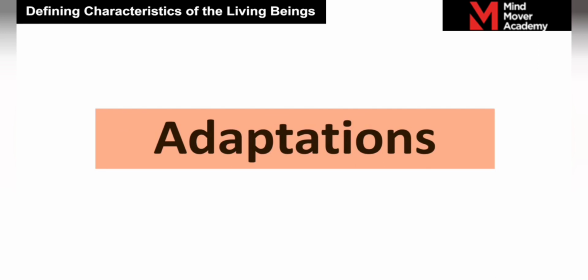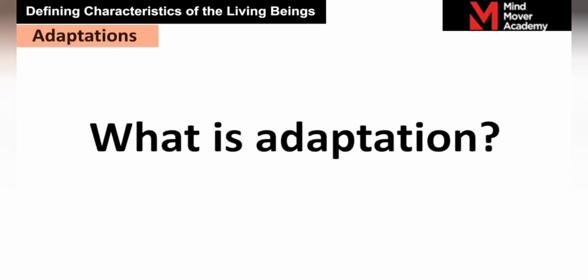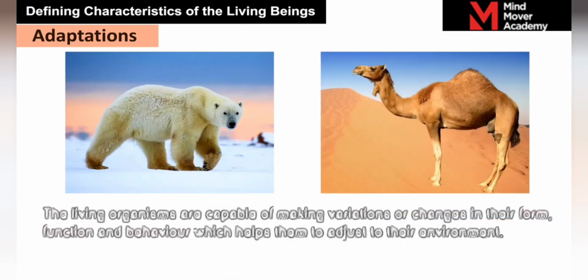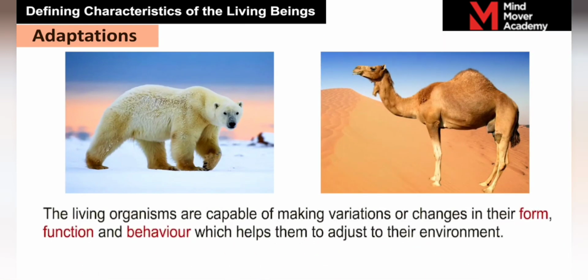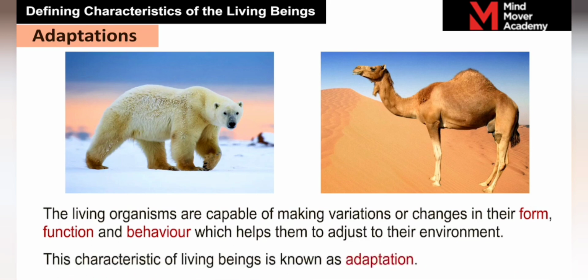Alright students, now you might have heard this term adaptation, right? What does this term adaptation actually mean? Yes, living organisms are capable of making variations or changes in their form, function, and behavior, which helps them to adjust to their environment. This property is known as adaptation.